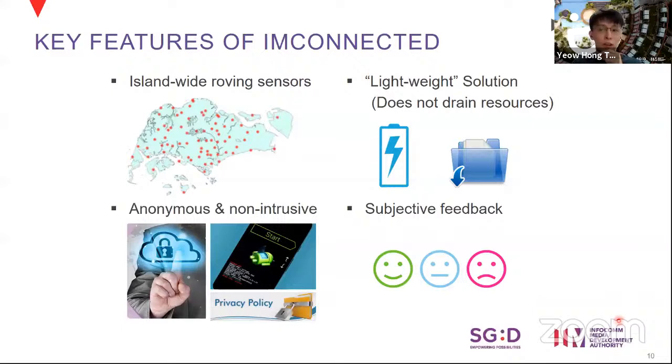The key feature of I'm Connected is that we make use of volunteers who have downloaded our app and granted it the necessary permissions to be our sensors on the ground. As the app performs data collection passively, the app does not take up a lot of resources and is very lightweight.